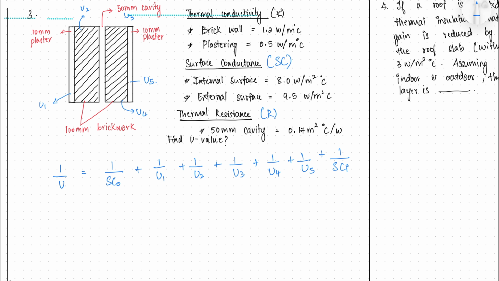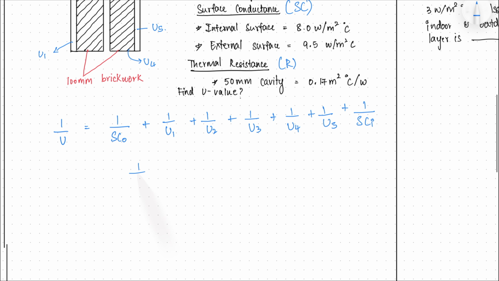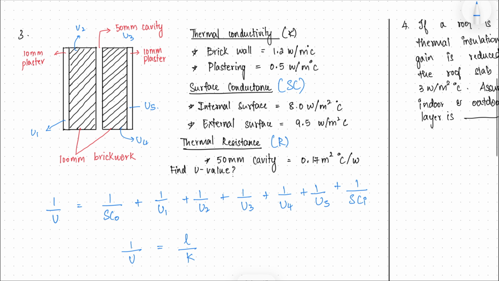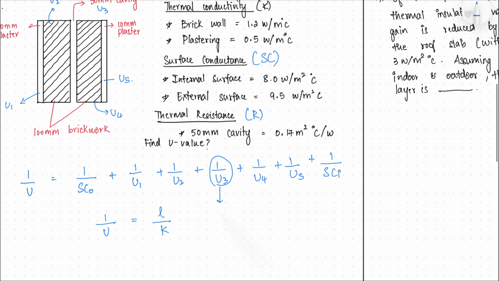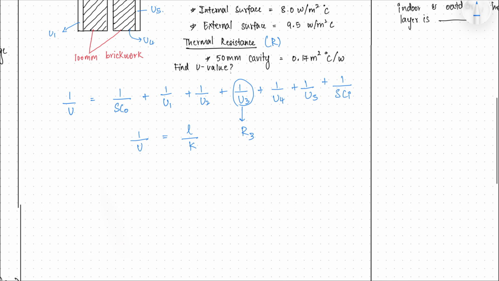Let's substitute the formulas now. We know 1 by U is basically L by K, and we know the L that is given in the diagram. We know K of the brick wall and the plastering, and for the cavity they have given the thermal resistance directly. So U3 is already given, so we can directly write it as R3. Let's try to solve the formula now.